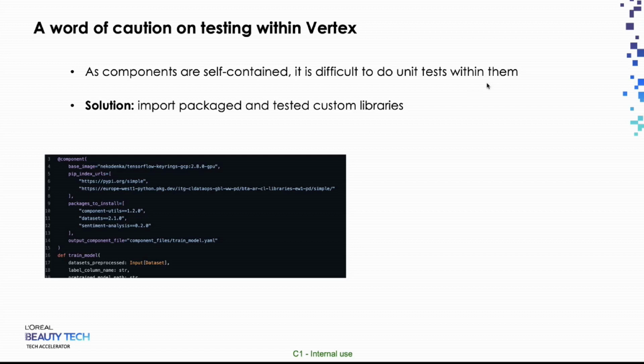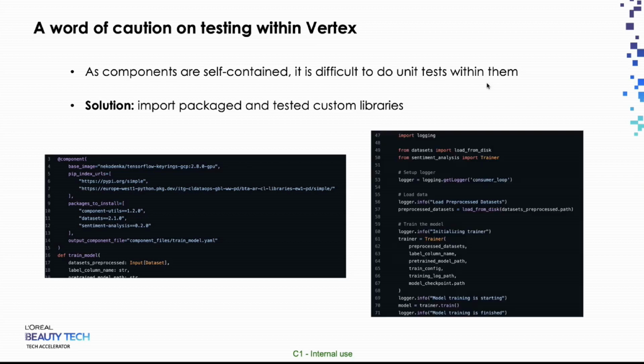Like the team has created the sentiment analyzer and it's saved here. So when the component is created, it'll know to look for that as well. And the sentiment analyzer itself, I can test separately outside of this pipeline. So this is really mostly for orchestrating all the steps, but to make sure they pass all the unit tests, you can do it separately, then package them and put them in here.